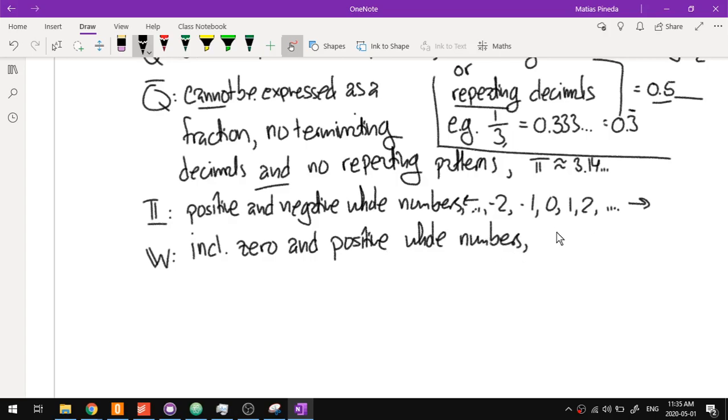So for example, it starts with 0 and then we go with 1, 2, 3, and then we go on, but no negative whole numbers.